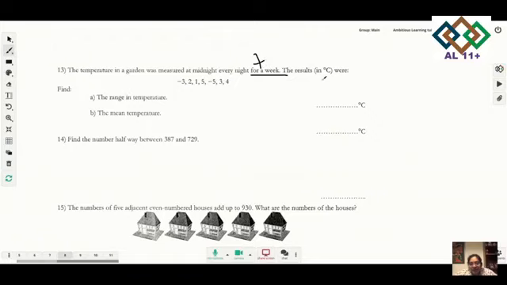In a week, the results in centigrade were -3, -2, -3, 2, 1, 5, -5, 3, and 4. They're asking you to find the range of the temperature, and then you need to find the mean of the temperature. Try doing this one. I'll give you the answer in a minute.